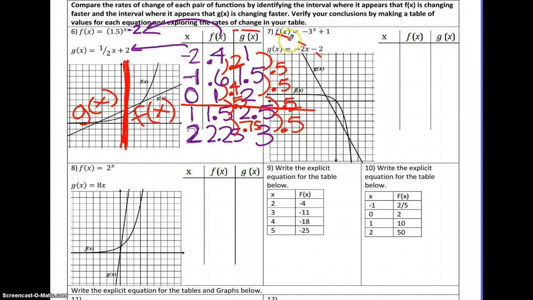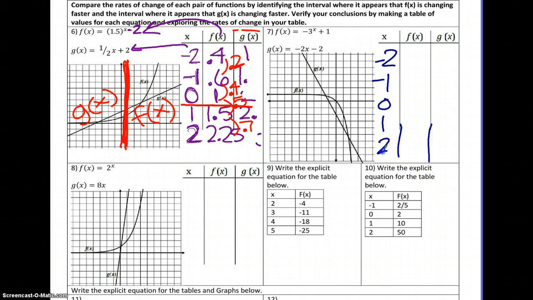I do have to get rid of some of this to do the next one. So next we are going to do the same thing. You're going to type -2, -1, 0, 1, 2, and we're going to plug those in, starting with f. So it's going to be -3 to the power of -2, and then plus 1.